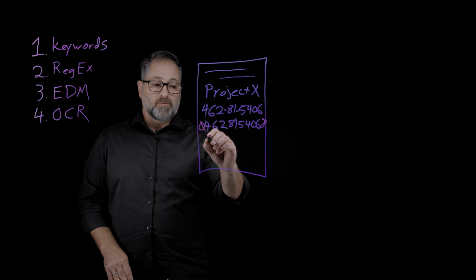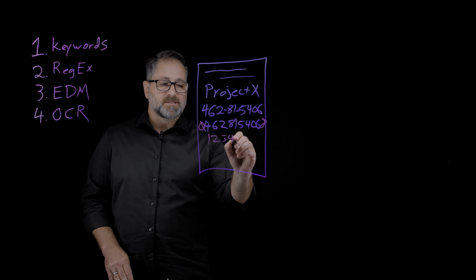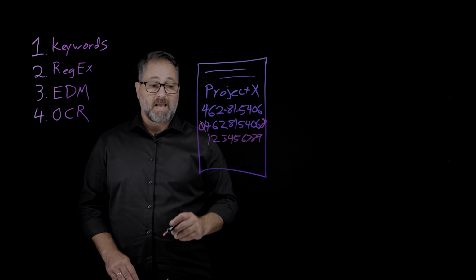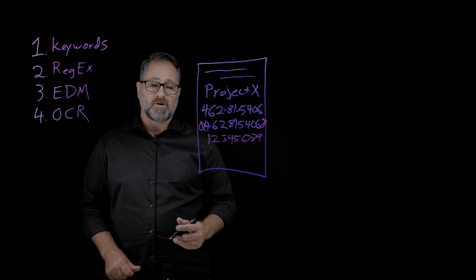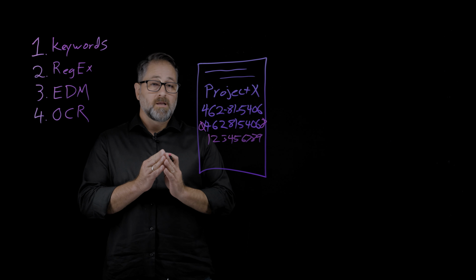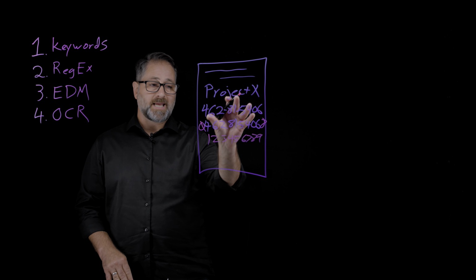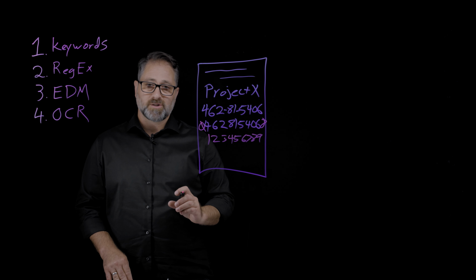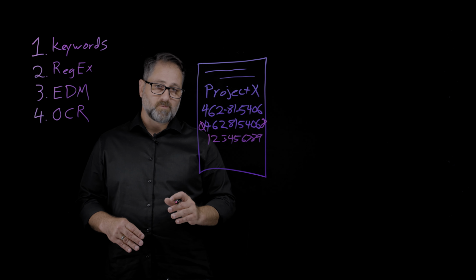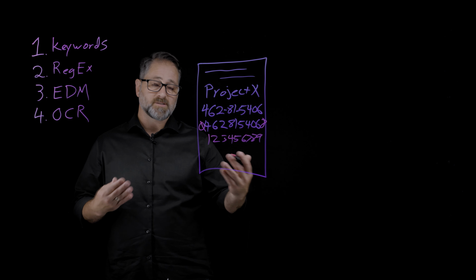Or you're going to have a random GUID in here that just happens to be 9 digits. And while this is not a valid social security number, it will pass the regular expression for that. So your regular expression has to be broad in order to encompass and identify what is accurately a social security number, but it can't be so broad that it identifies other things, right? So you end up with this real problem of false positives.